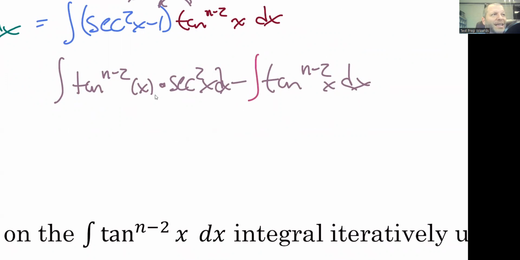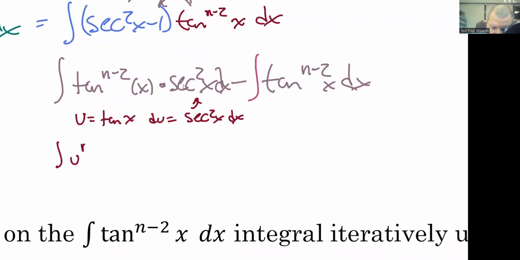But in the left integrand, notice that if we let u equal tangent of x, then du is secant squared of x right there hanging out. So we could write this integral as u to the n minus 2 du.